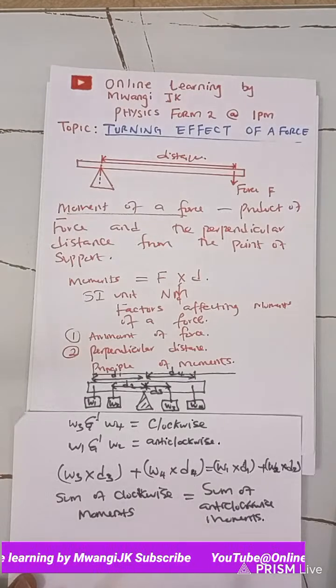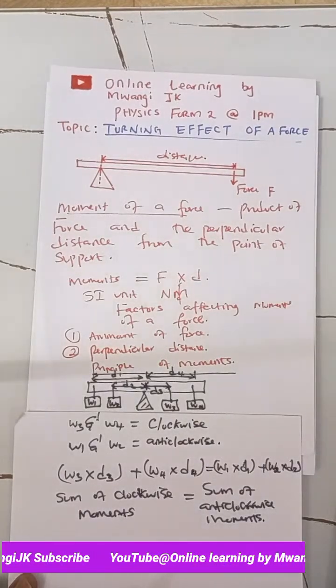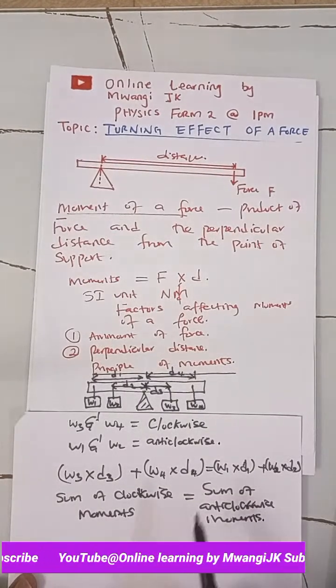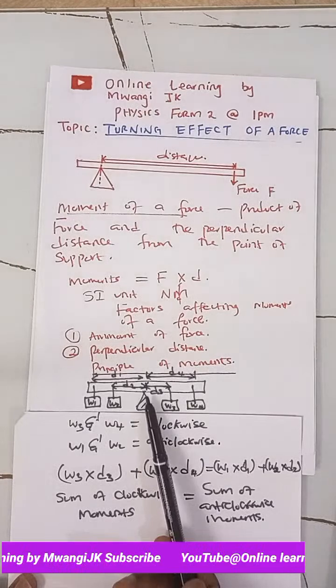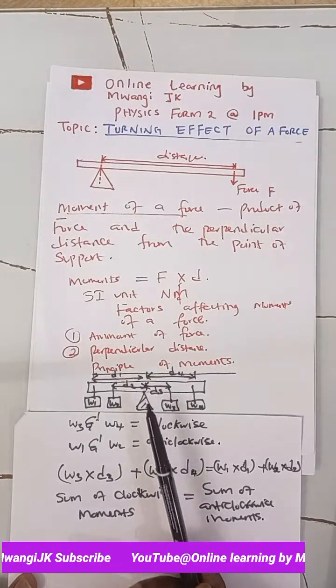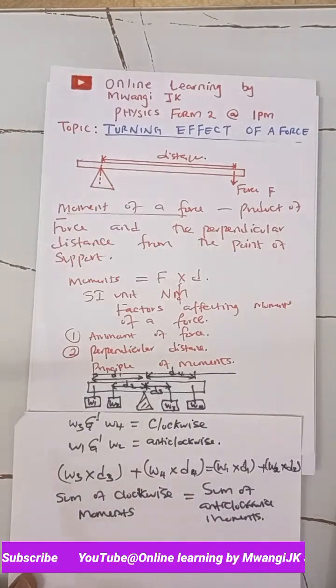The principle of moments states that for a system in equilibrium, the sum of clockwise moments about a point is equal to the sum of anti-clockwise moments about the same point. And which point are we talking about? We are talking about the same pivot. So we are not changing the pivot, but we are talking about it as one.